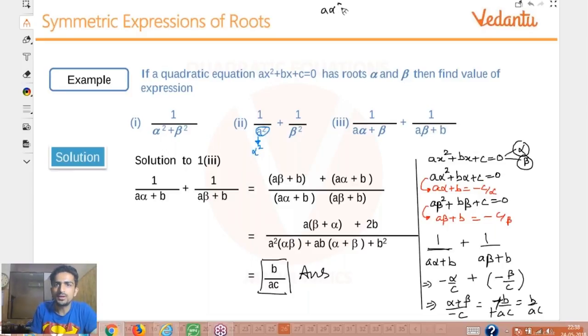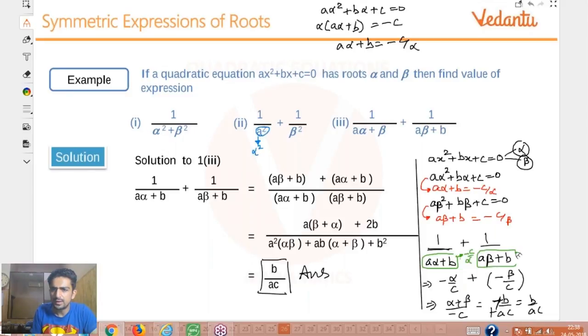Now, if A alpha square plus B alpha plus C is 0, clearly taking alpha common from the first two terms and taking C to the right hand side, we get A alpha plus B equal to minus C by alpha. Similarly, from the second equation, I got A beta plus B equal to minus C by beta. Now I kept it here. This is minus C by alpha and this is minus C by beta.